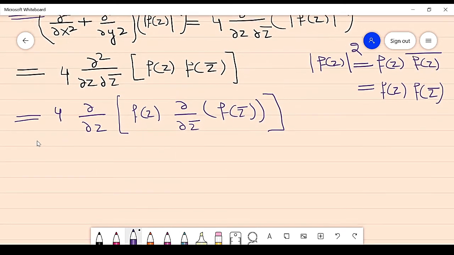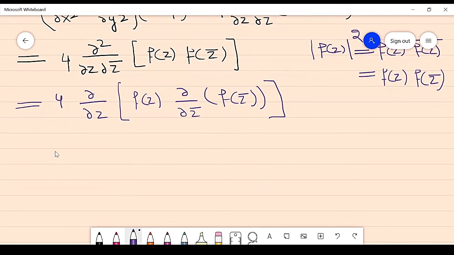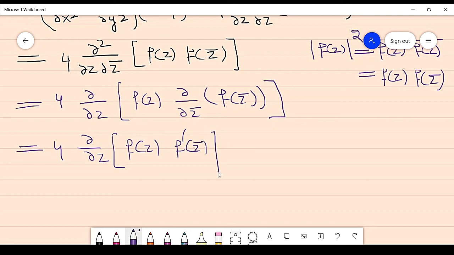Now this can be written as 4 times del by del z of f of z times its derivative, f dash z conjugate.